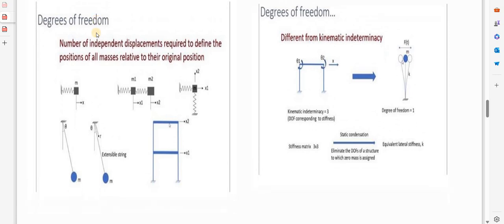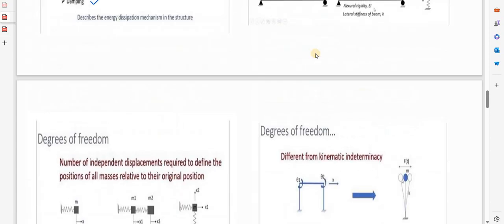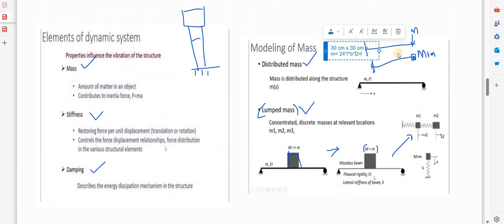Before going into stiffness, you need to understand a term known as degrees of freedom of this dynamic system. What are the degrees of freedom? For example, here you can see I am taking a simply supported beam as an example.